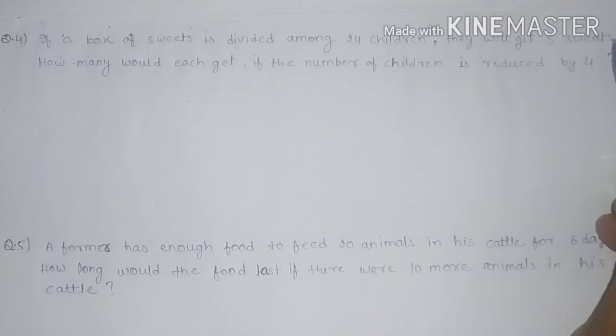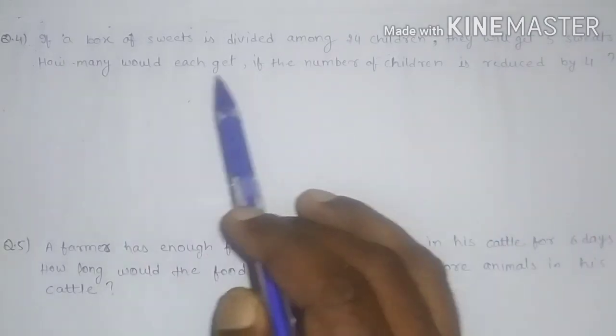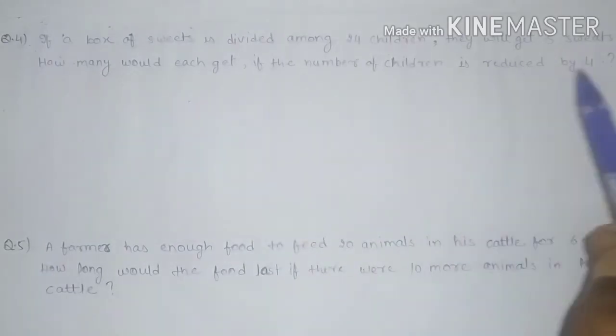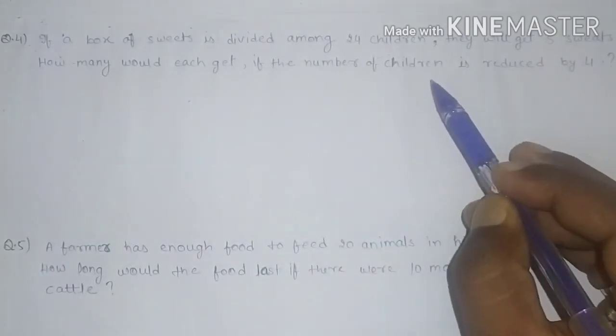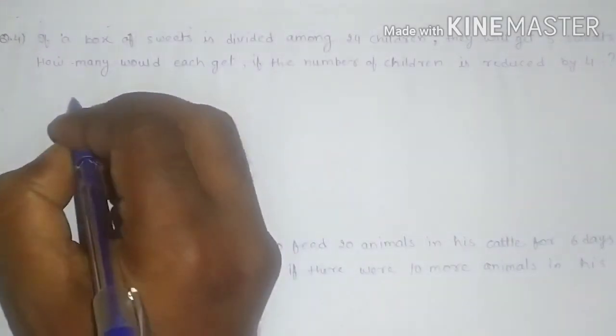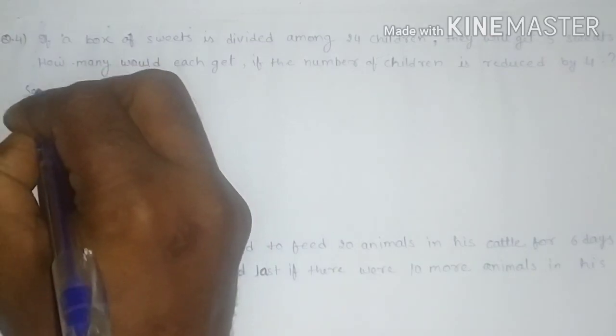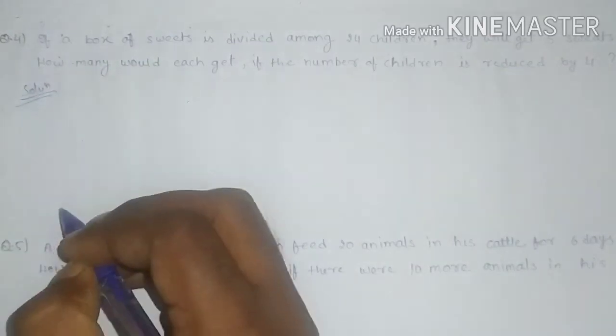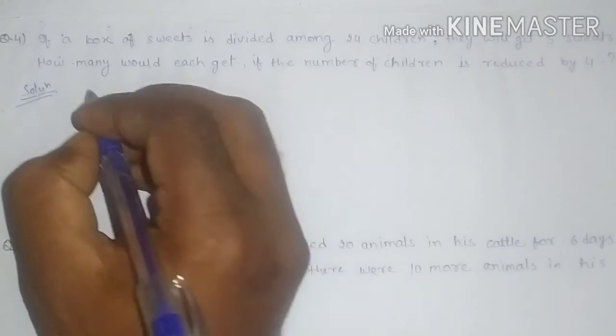Okay, how many would each get if the number of children is reduced by 4? So in this question it is given, solution. Each child will get 5 sweets.